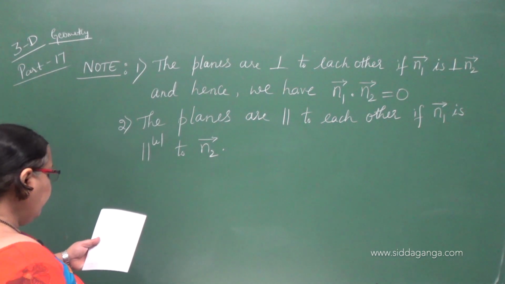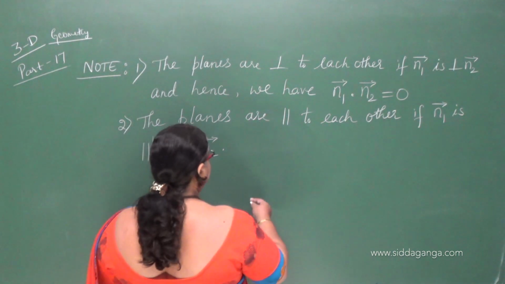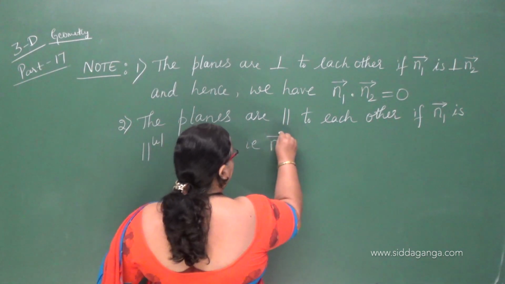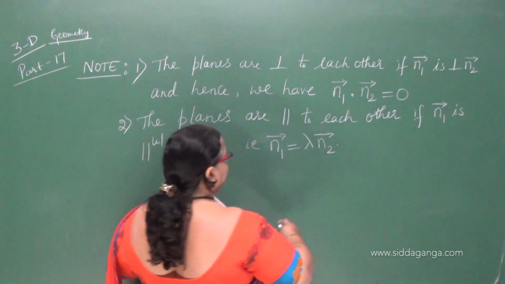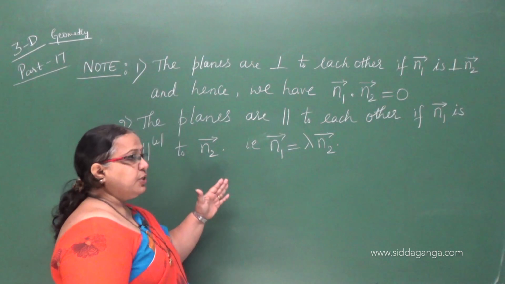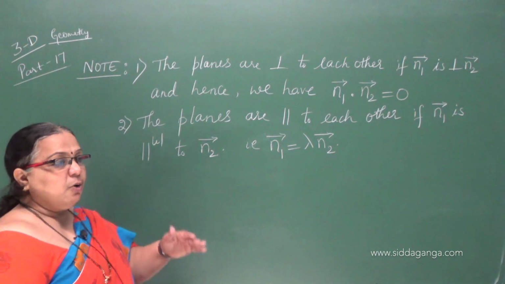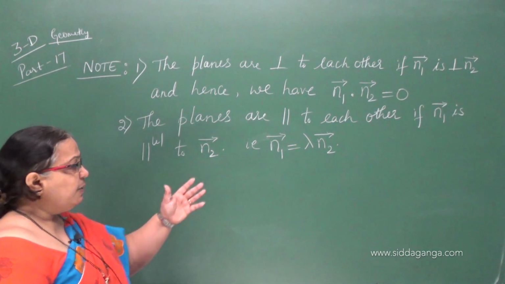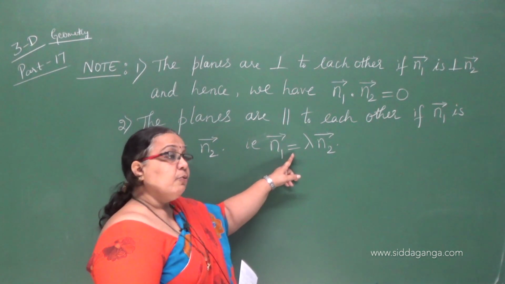By definition of parallel, n1 vector equals lambda times vector n2, or their direction ratios are proportional. We say that two vectors which are parallel have direction ratios that are proportional. This is the definition of the parallel of two vectors.